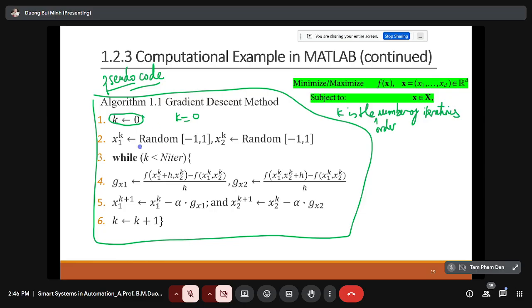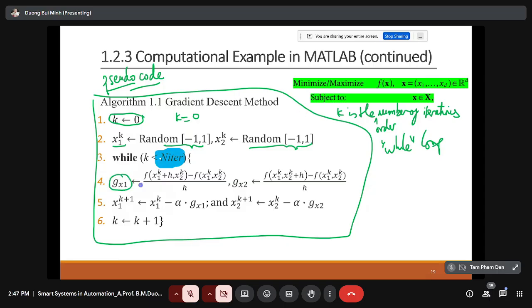So we randomly set up x1 between -1 and 1, and x2 between -1 and 1, and then we use a for loop. We set up the maximum number of iterations, right? And then we calculate gx1.